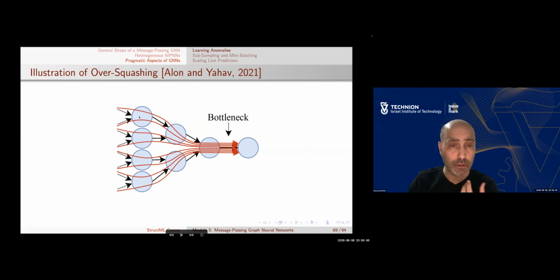So a change in this further node may be actually quite significant for our task. But this change is essentially diminished, squashed by going through more nodes, creating bottlenecks, squashing all of the information into these bottlenecks until in the end we are reaching the target node.